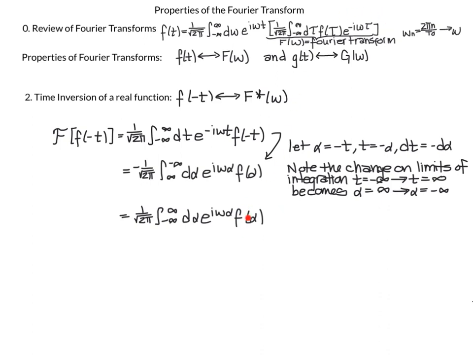So it looks exactly the same, except instead of tau being our variable of integration, alpha is our variable of integration, and then there's no negative sign here. However, if f of t is purely real, then i omega alpha is going to equal negative i omega alpha, which means this is the complex conjugate of the Fourier transform.